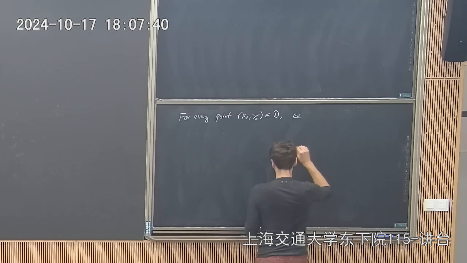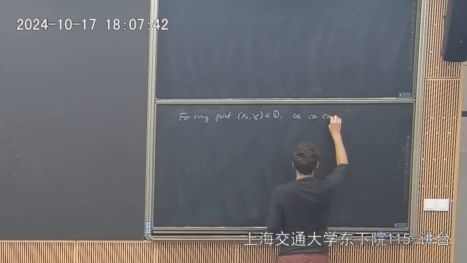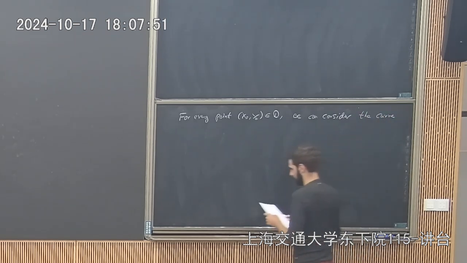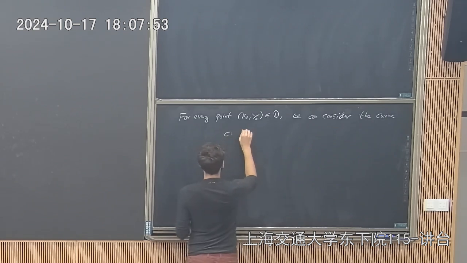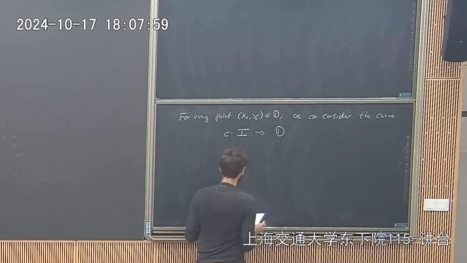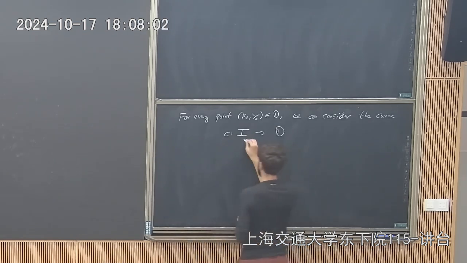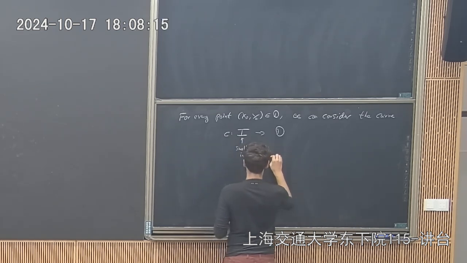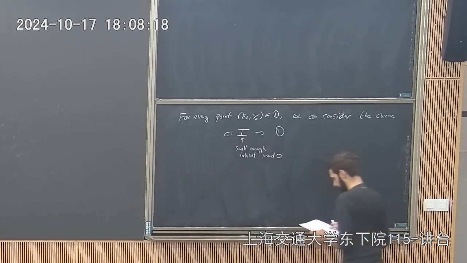So we consider certain curves taking values in D, where I is a small enough interval around the 0 point.